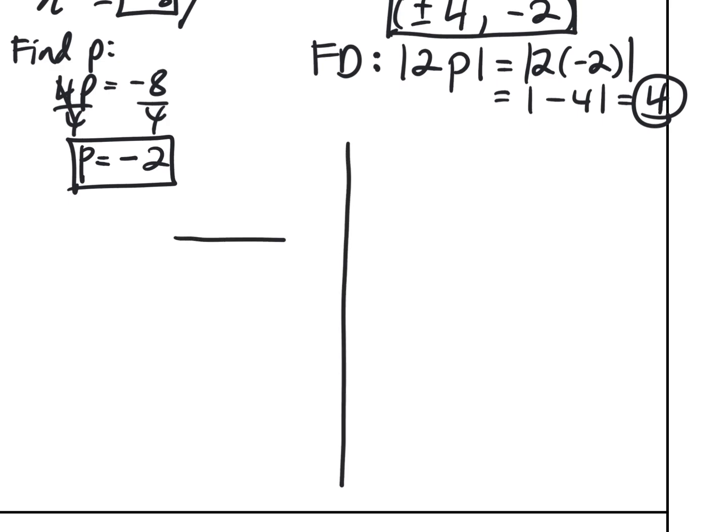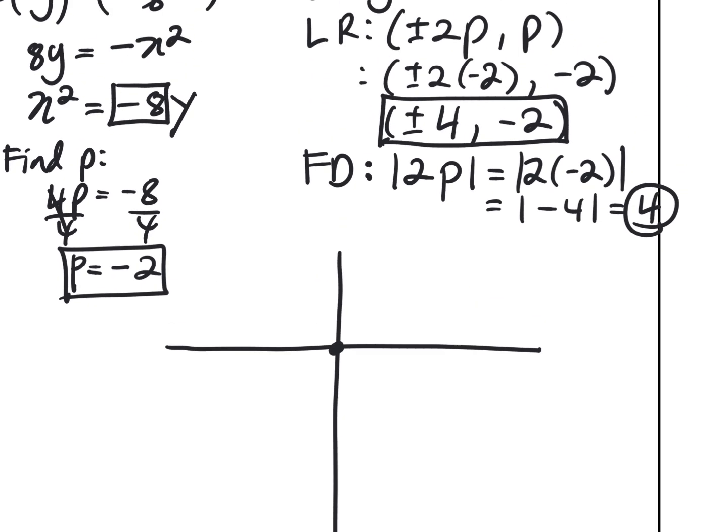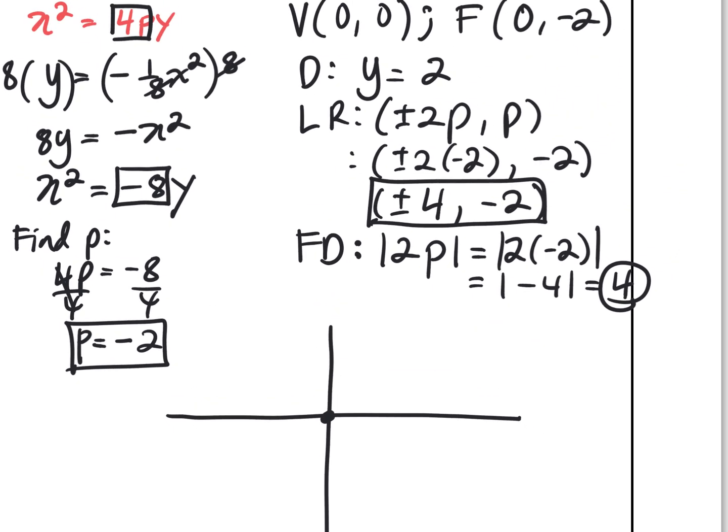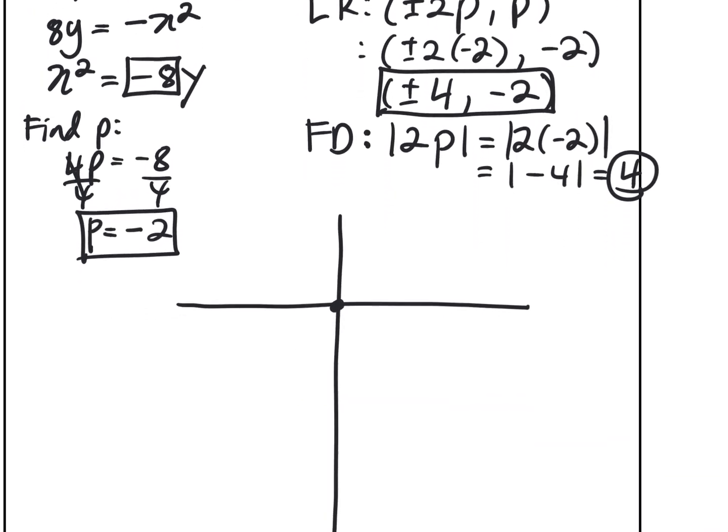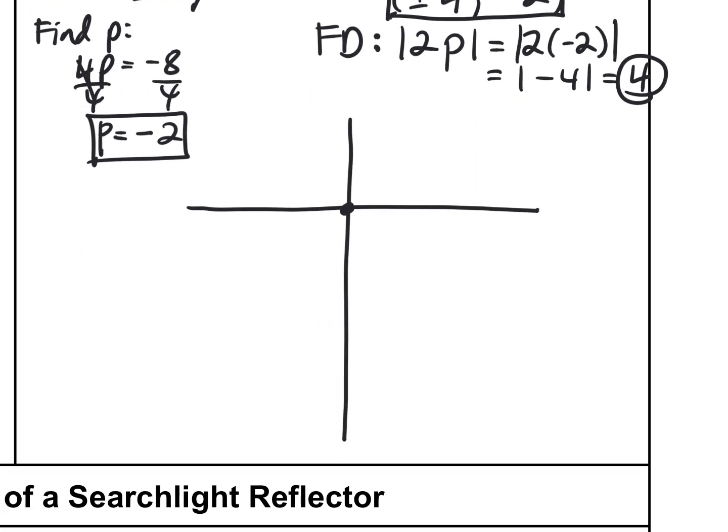Since it's going to be opening down, the focus is located at 0, negative 2. Let's say this is 1 and 2, and this is your negative 2 here, and up there 1 and 2.